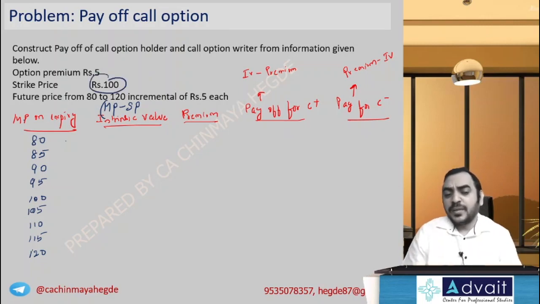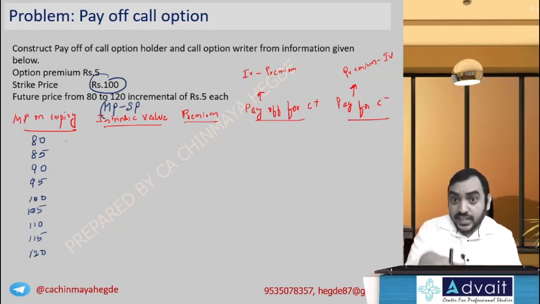So can I say 80 minus 100 equals minus 20? Do we write minus 20? We don't write that. We write 0 because the option will not get exercised here. When the market price is less, the option will lapse.